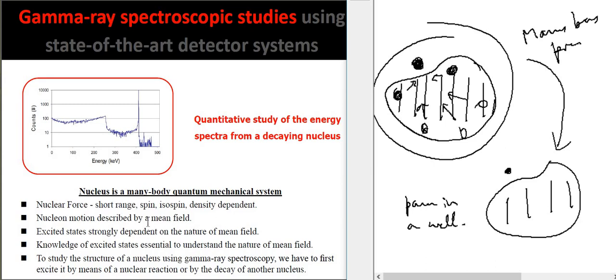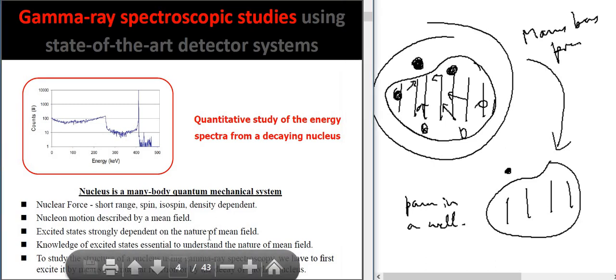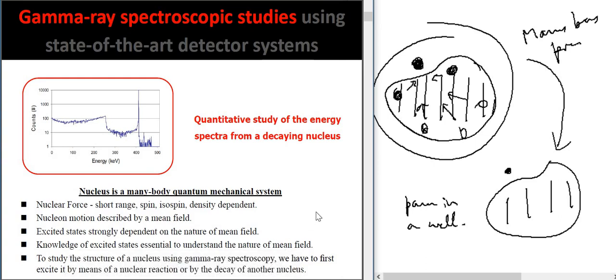Now also the excited states are strongly dependent on the nature of the mean field, and this is what makes things very interesting. So the mean field basically decides what the behavior of the excited state would be. And so it is very important to have knowledge about the excited states, and only then will we be able to understand the nature of the mean field.